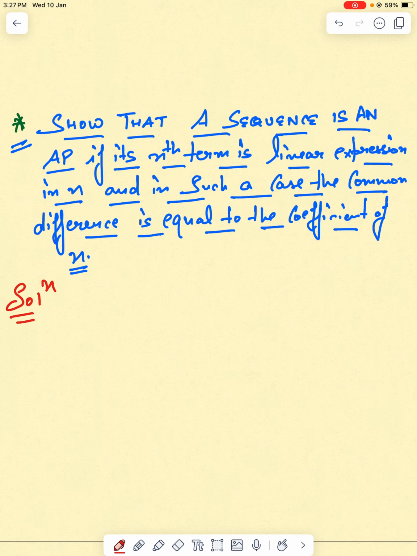So if I assume any sequence whose nth term is a linear expression of n, I assume C and D, suppose, are the constants, or you can say the coefficients, Cn plus D. See here, I have expressed it in a linear polynomial, right?